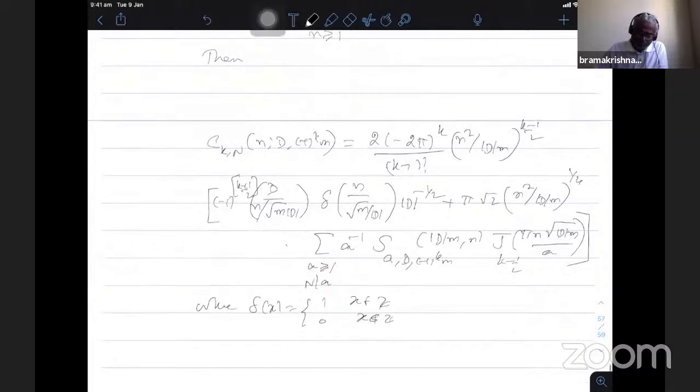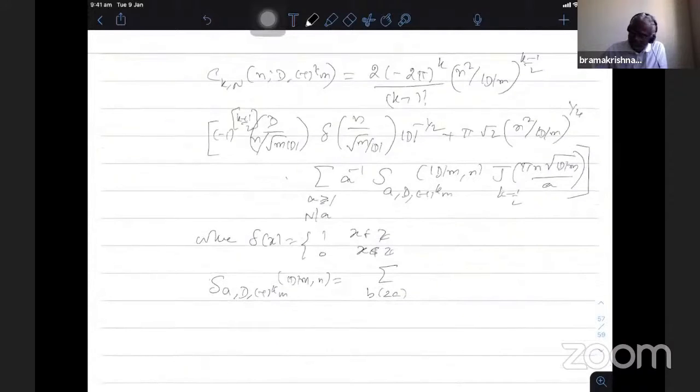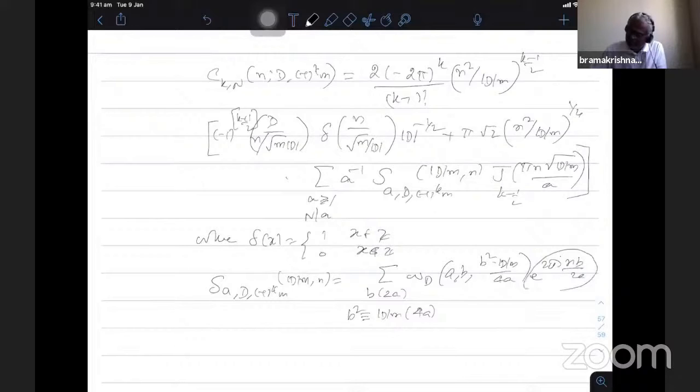And then this S function, S_{a,D}^{-1/4km}(|D|m, n), is nothing but the finite exponential sum over b modulo 2a with b squared congruent to |D|m mod 4a, the genus character omega_D(a, b, (b squared minus |D|m)/4a) times e^{2 pi i nb/2a}. This simplifies as e_{2a}(nb).